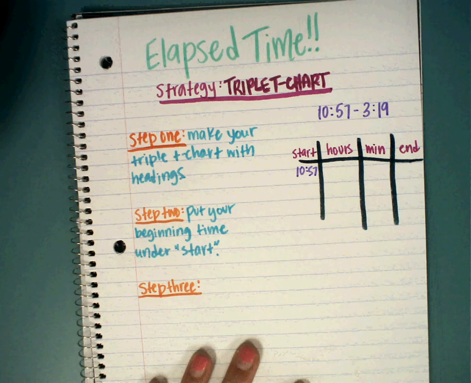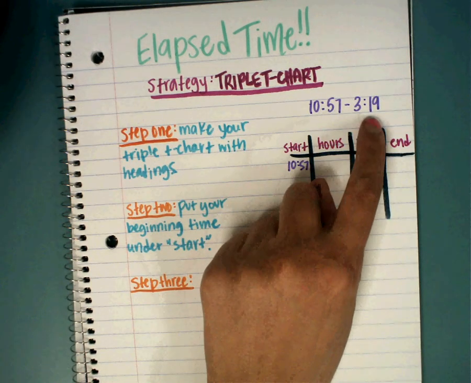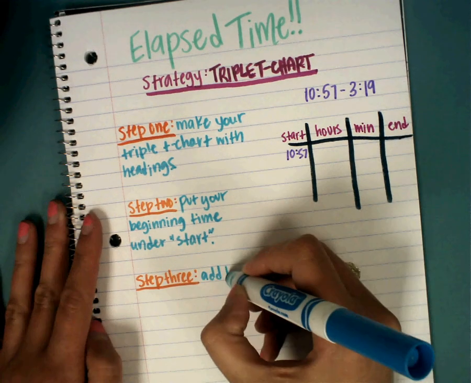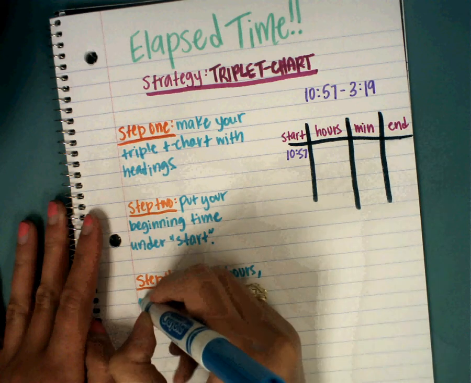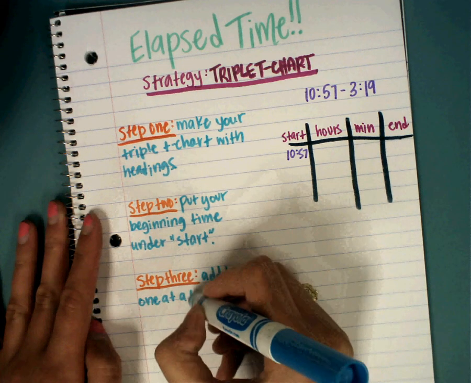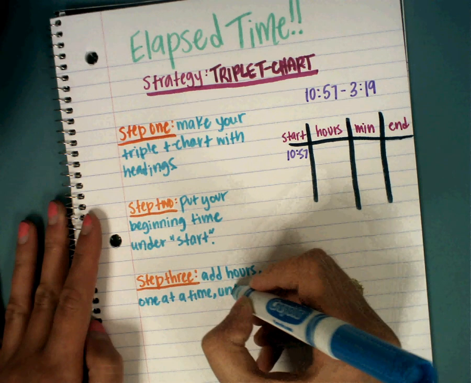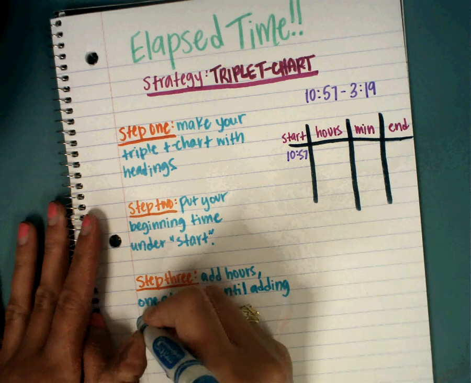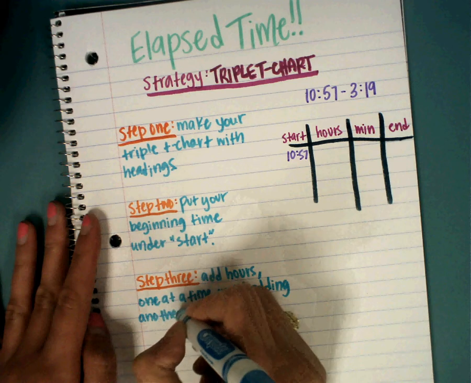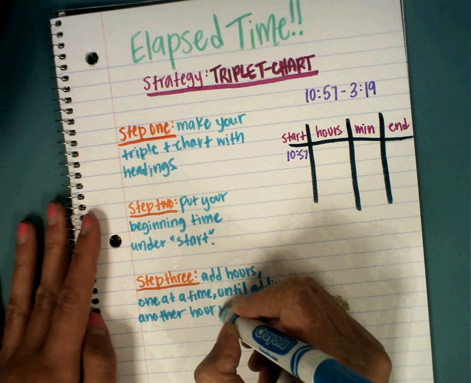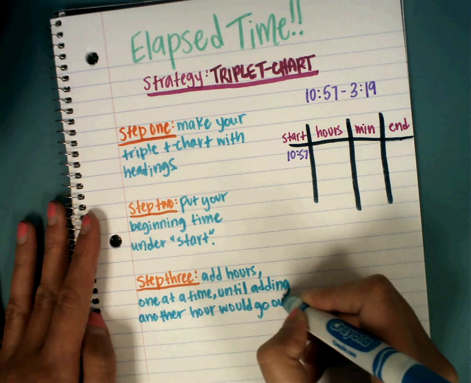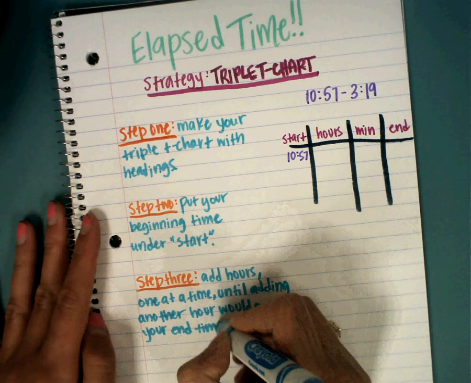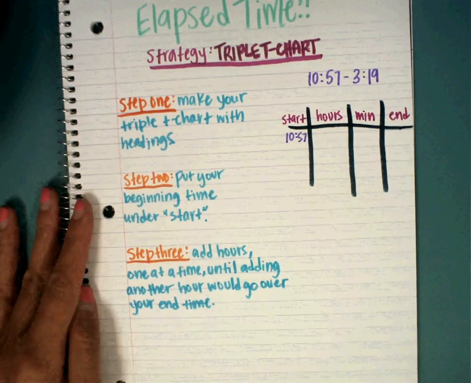So add hours one at a time until adding another hour would go over your end time. So y'all, I'm writing a lot and it's going to be a lot of steps, but it's really not that hard once we actually start doing it. I just want you to have the words to go back to, okay?